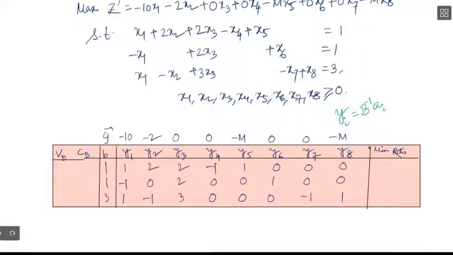Here we see that the columns y5, y6 and y8 form the standard basis. So their corresponding variables x5, x6 and x8 will be in the initial basis.